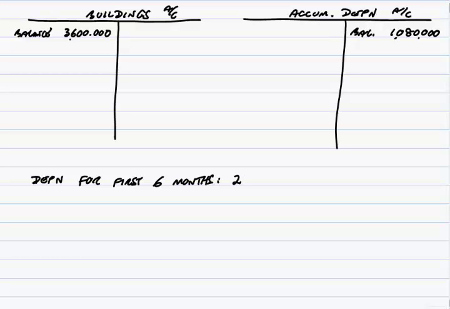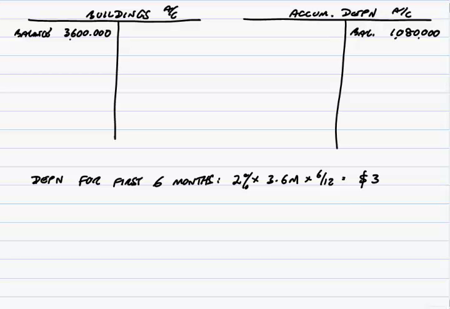It's going to be 2% of the cost of 3.6 million. However, remember, that's the charge each year. We're only doing it for half a year, so it'll be 6/12 of that. And so, 2% of 3.6 million is 72,000 for half a year.